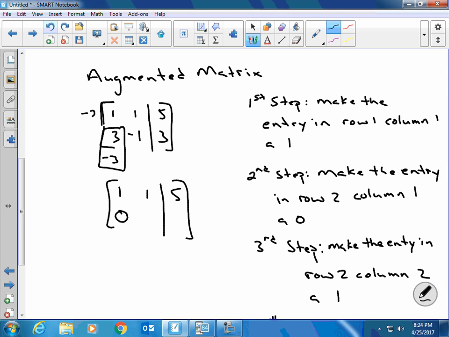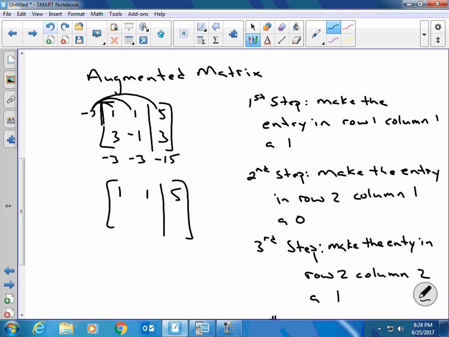So here's what I'm going to do. I'm going to multiply every entry in the first row by -3. -3 times 1 is a -3. -3 times another 1 is a -3. -3 times 5 is a -15.